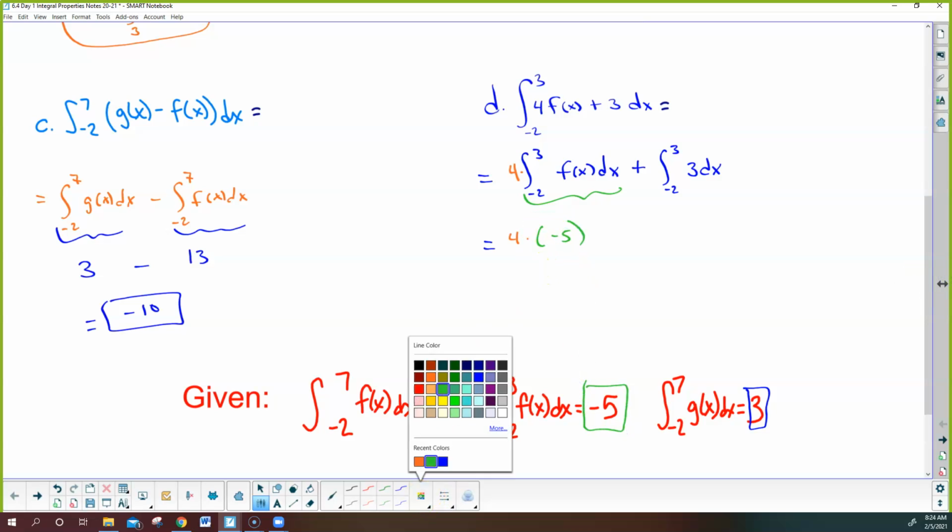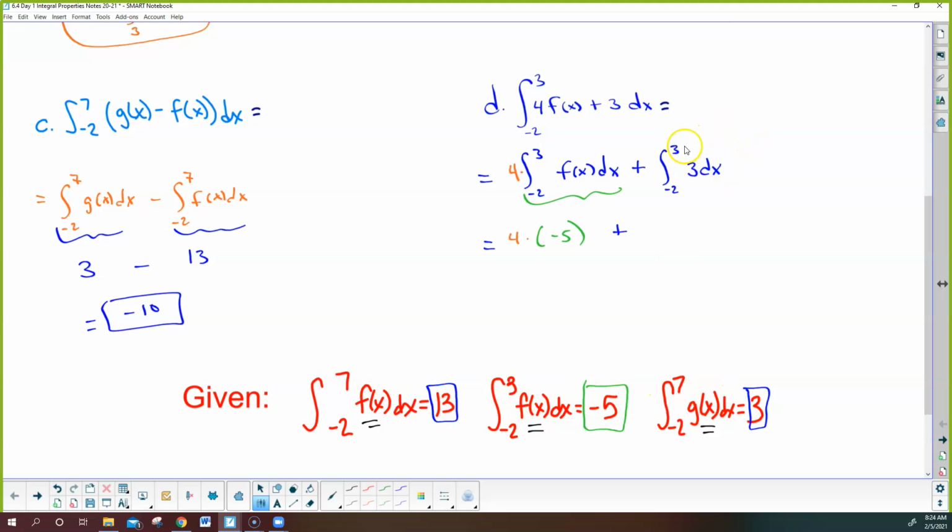So there's nothing too crazy there. But here's where the big mistake comes from that most students end up making right here. We do not know exactly what this answer is from our given facts because this is with f of x and g of x. 3 isn't any of those.